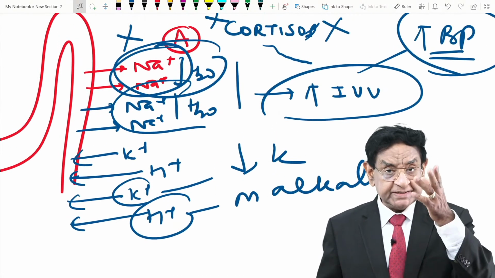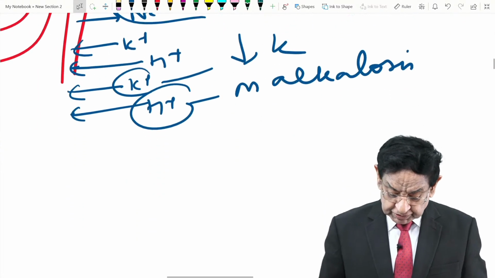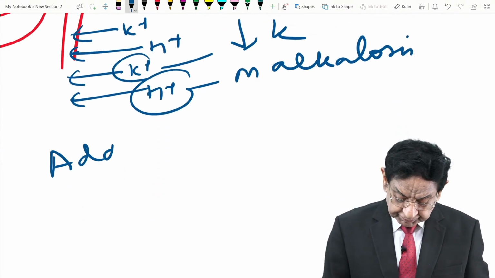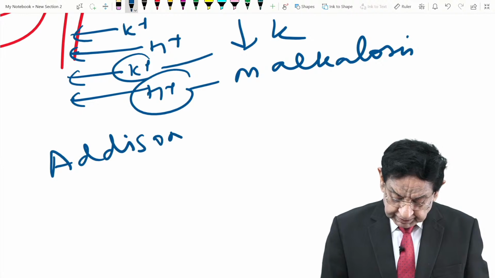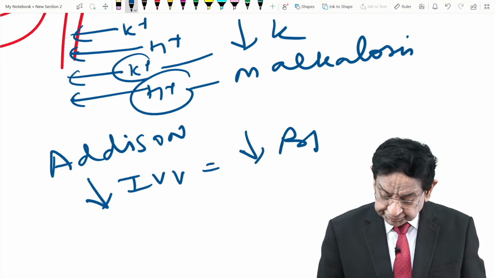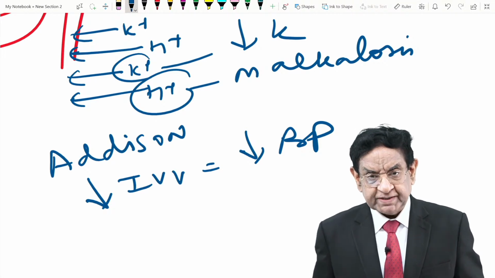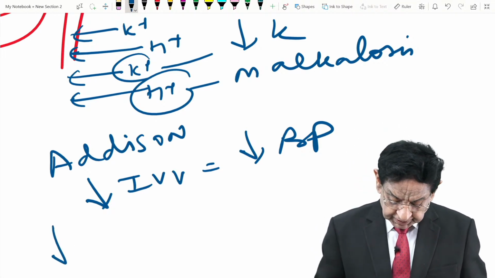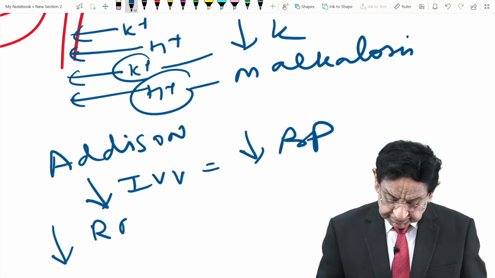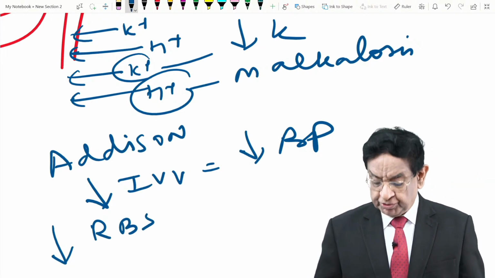Now in Addison disease, the sodium and water will not be reabsorbed, so they will be reduced. There is reduced intravascular volume. That leads to low BP. And moreover, cortisol level is reduced. There is reduced blood sugar. Why? Reduced glycogenolysis and reduced gluconeogenesis.